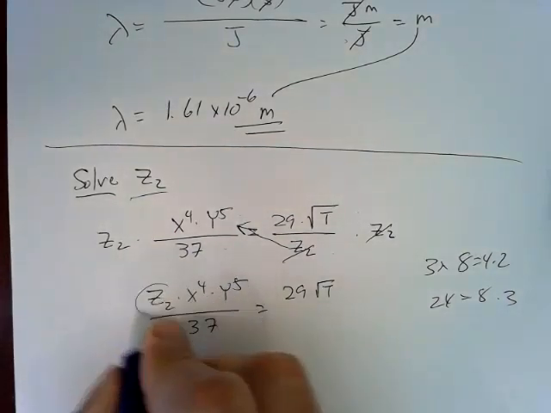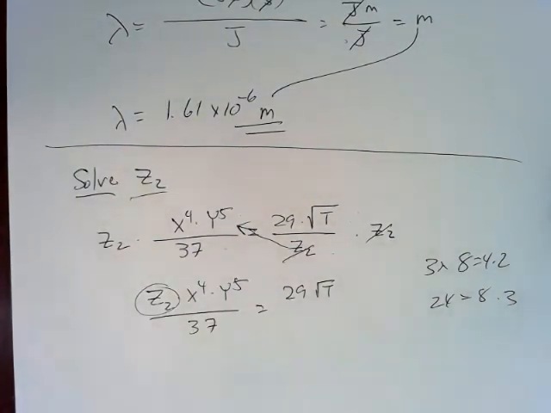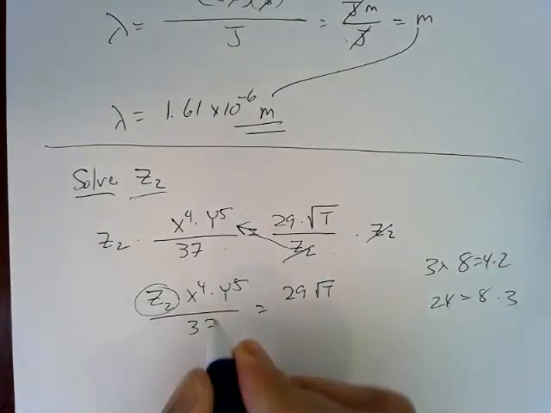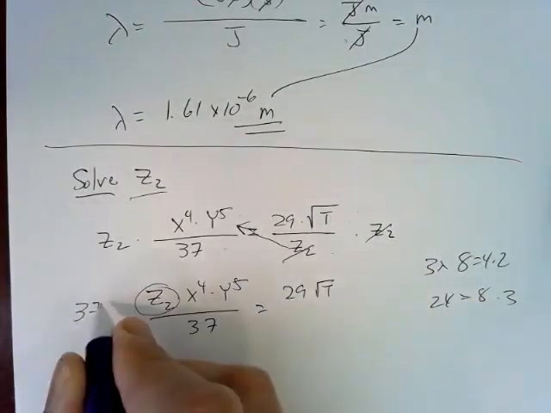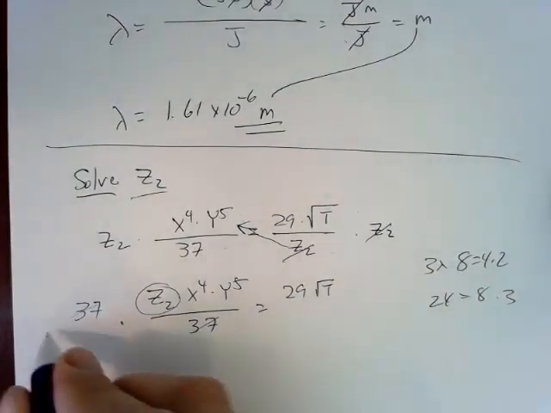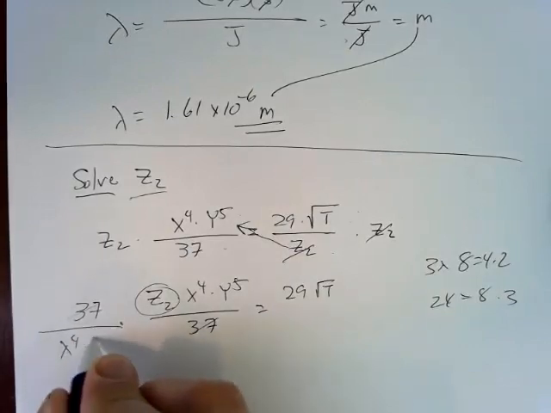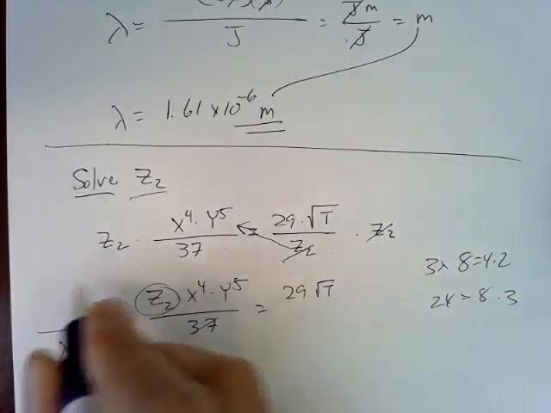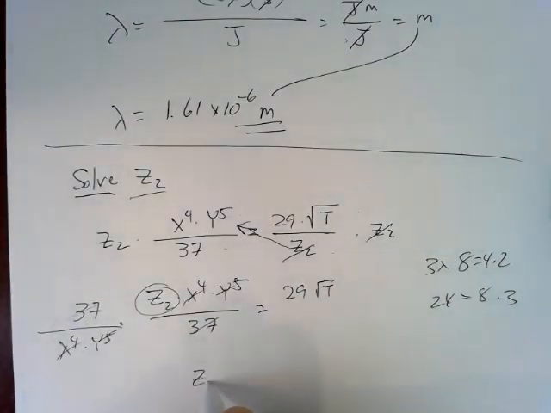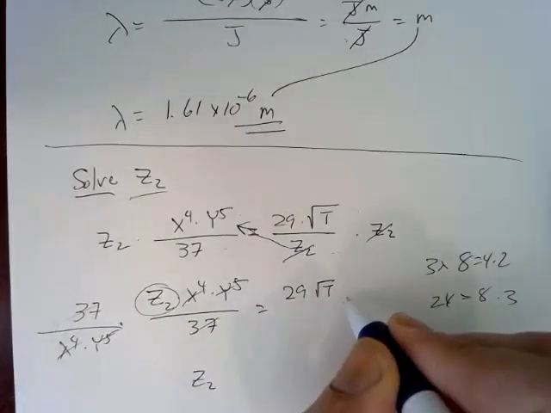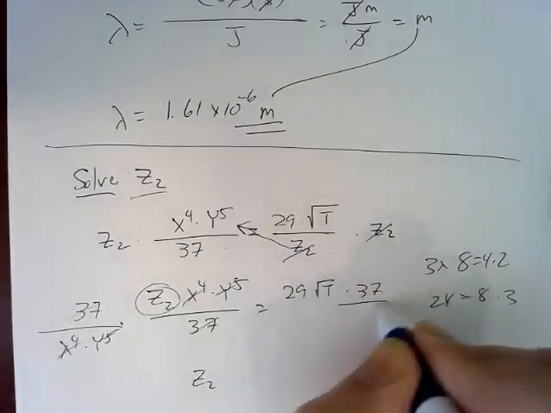Want to isolate for Z2, so it looks like now we go back to our previous skills of just looking at fractions. If I want to clear the 37, I would multiply by 37. That's going to get that to cancel, and we would divide by x to the fourth, y to the fifth. So we're going to do that to this side. That would get all of those things to cancel and isolate Z2, but that means we also have to multiply this side by the same thing.